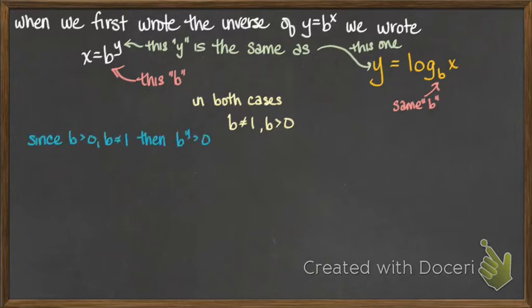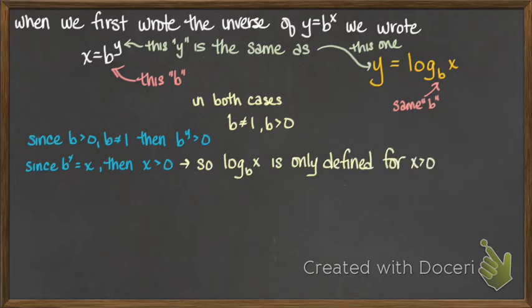So since b's got to be a positive number, then b to the y is always going to also be a positive number. You can't take a positive number, multiply it by itself a bunch of times, and arrive at something negative. And since we're always going to get a positive number, then x must be positive, since b to the y was also equal to x.